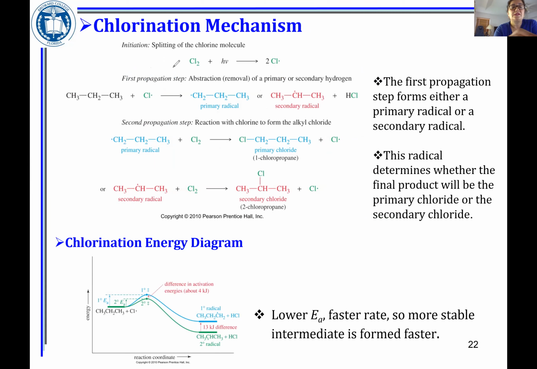For halogenation or chlorination of propane, as we saw earlier, we have two types of free radical forming, because we have two types of hydrogen: primary hydrogens and secondary hydrogens.